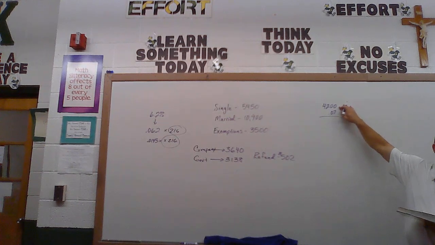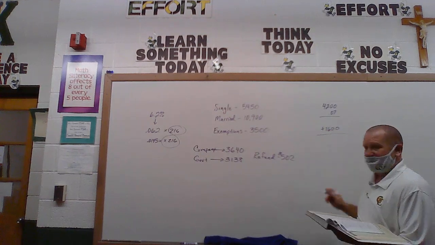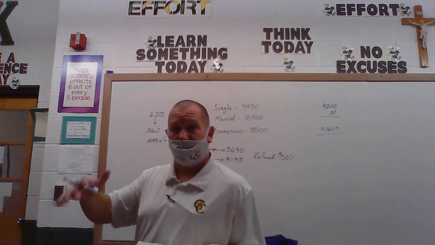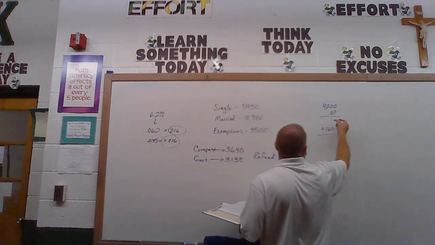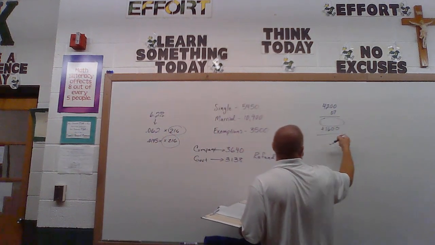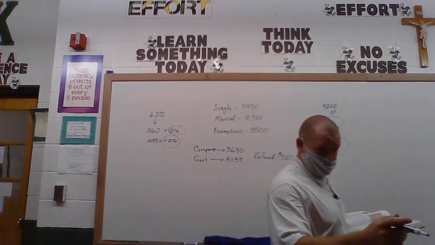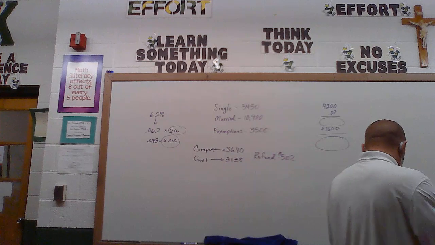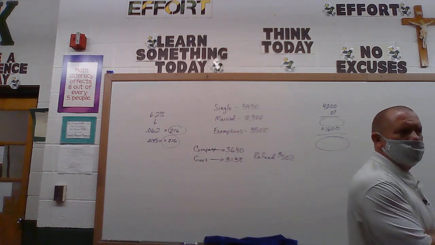So I subtract the two numbers times 7%, and then we're going to add our 1,600 because that's like the basic or the baseline of it. So you would do this math, get an answer here, add it to 1,600, and this would be your grand total. It's 7% in number 17.